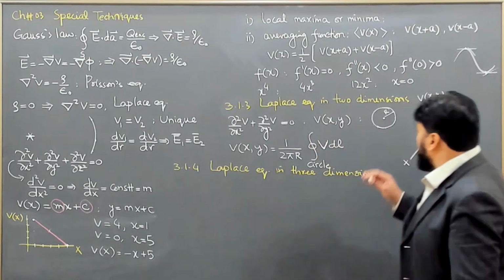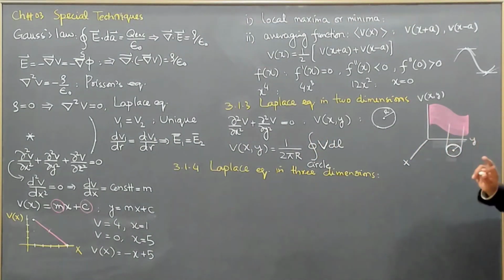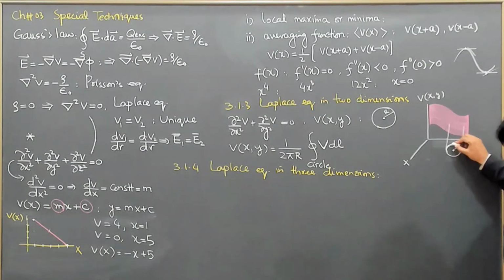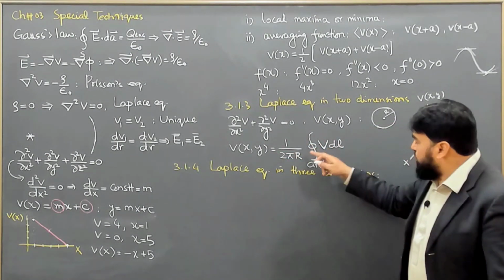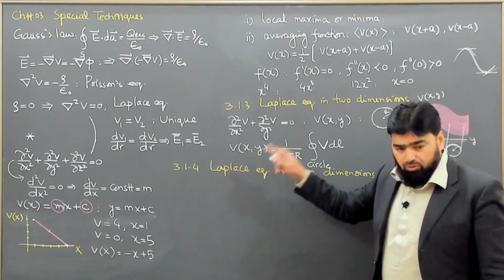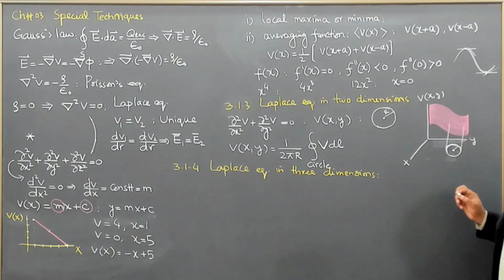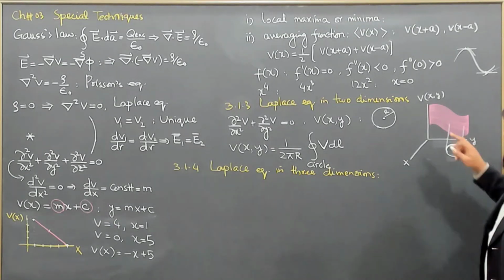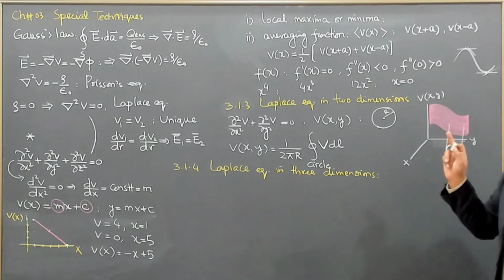When we come to the 2-dimensional situation, we said that the value at R, at the center of a circle, is the average value over the circle. Whatever point I take on the circle, the center value is the average of the potential. There is no local maxima or minima over here.